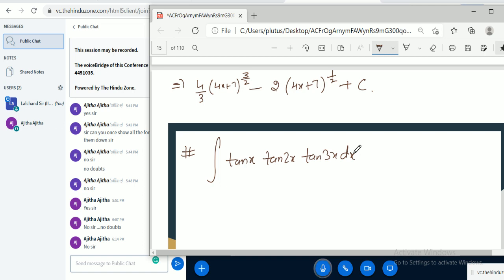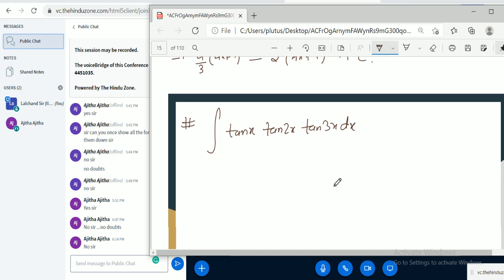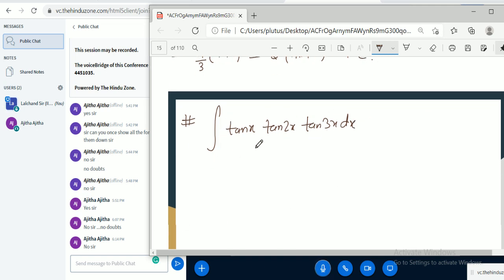How to solve this sum, because this is the product of 3 tan, tan x, tan 2x and tan 3x. So whenever we have a product like this, we use the formula of tan (a plus b).